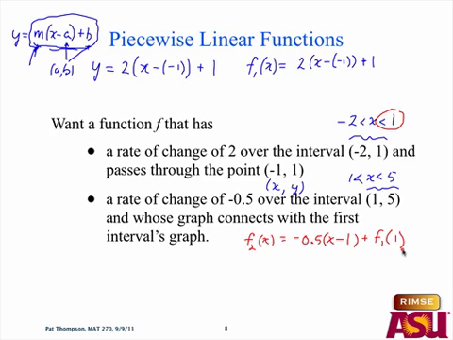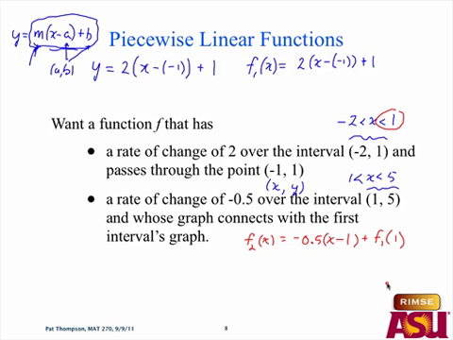Especially when the numbers get complicated and we've got lots of pieces, this is a lot more convenient. What does that represent? It represents the y value of the first piece at the end of the interval when x equals 1. You could plug 1 into this and get that y value, or you can just represent it that way.